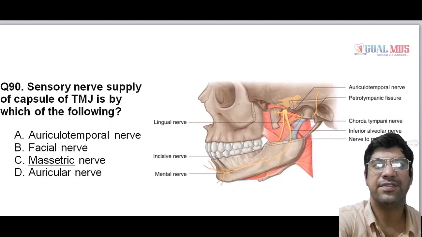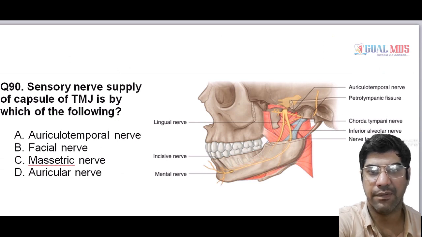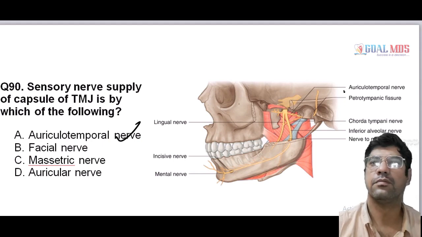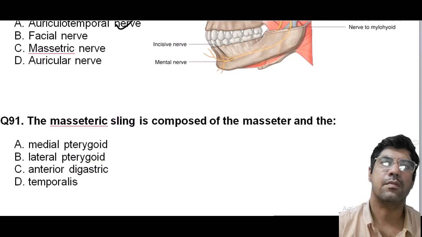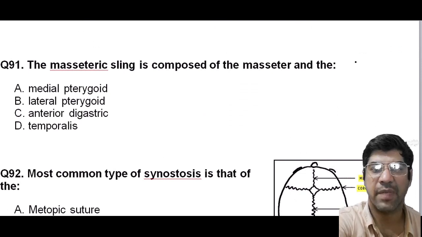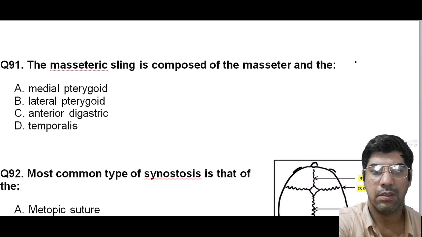The sensory nerve supply of the capsule of the TMJ is by which of the following nerves? It's the auriculotemporal nerve. The masticatory sling is composed of the masseter and the medial pterygoid, a powerful pair of muscles that wraps underneath the angle and ramus of the mandible.